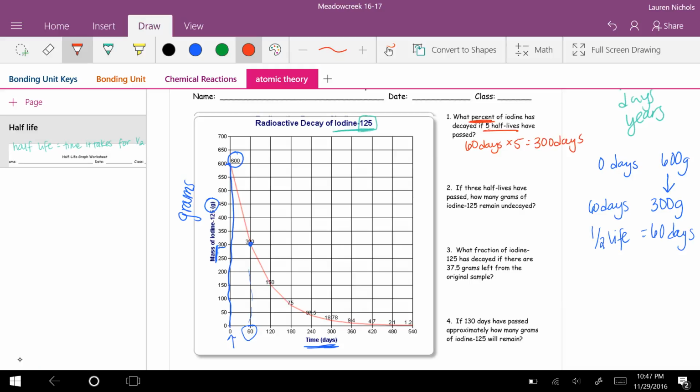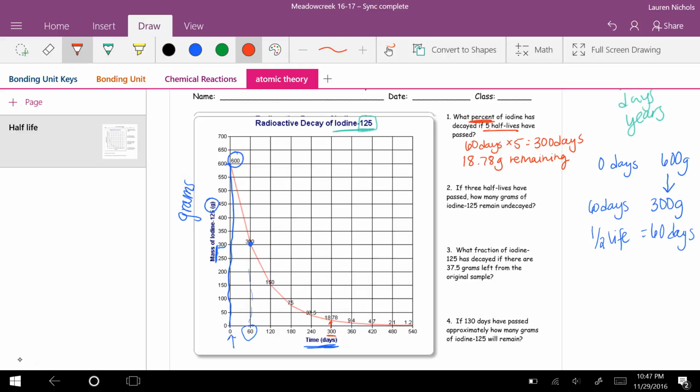So if we look at our chart, we see 300 days right here. We go up and we see that there is 18.78 grams remaining. That's how many is left over. We started off at 600, and over 300 days, a certain number has decayed, and we only have 18.78 grams remaining.